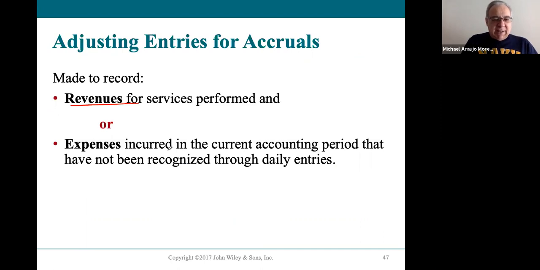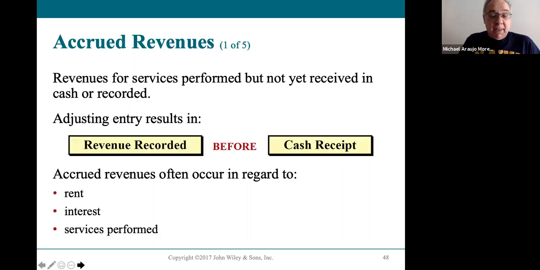And expenses that you've already incurred in a particular month, but you didn't pay for them yet. So we have to record those as well. Again, everything is going to be revolving around revenue and expenses because the very first statement we do is the income statement, which is your revenue and expenses. All right. So we have to make sure these are right.